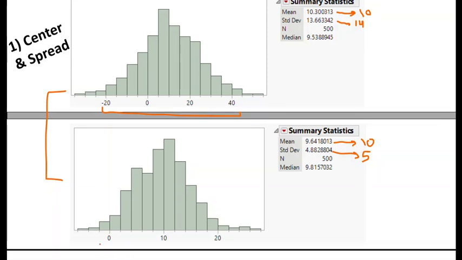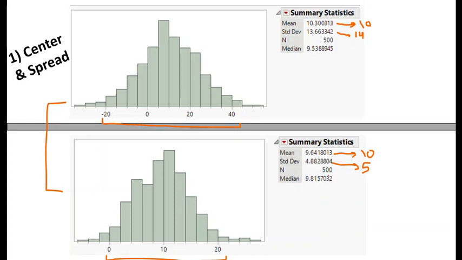On the other hand, here in this distribution, the values range from 0 all the way to 20, right? So the takeaway here is to always judge a distribution by both the center and the spread together, not the center alone.